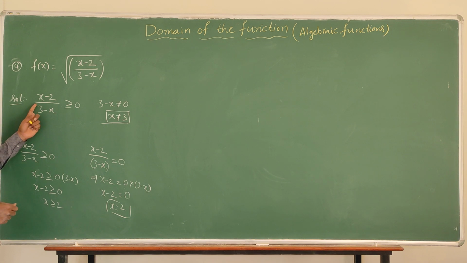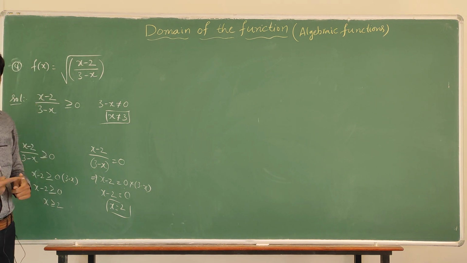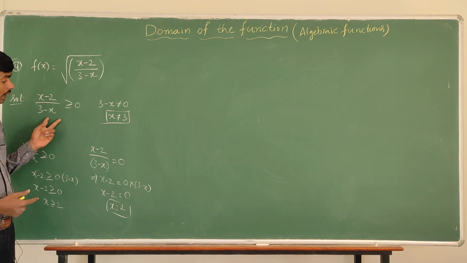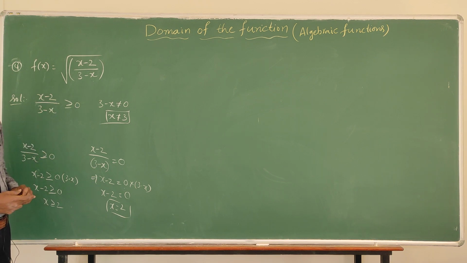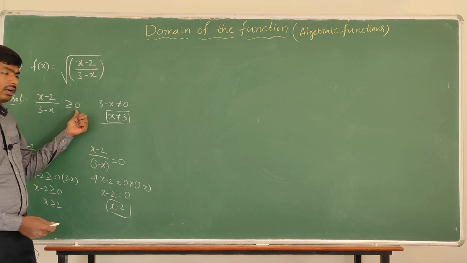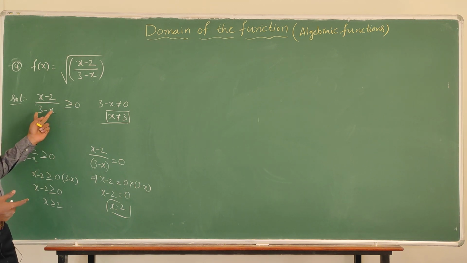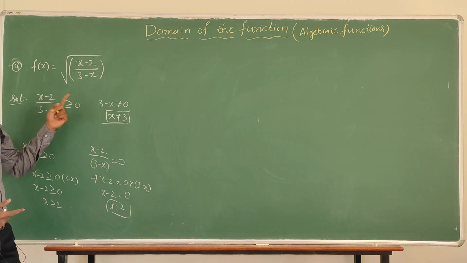And in case the 3 minus x values are negative, I don't know whether 3 minus x is positive or negative. If it is positive, then we can solve like this. But if it is negative, then we will transpose it to that side. Whenever, in an inequality, we transpose a negative term to the other side, we multiply the negative term with 0.